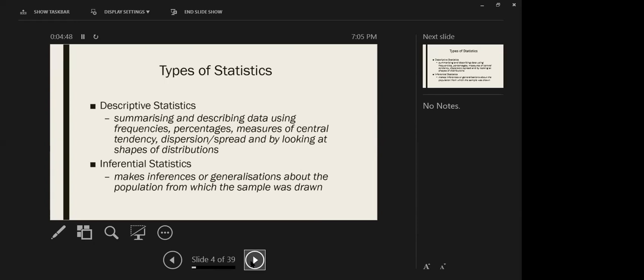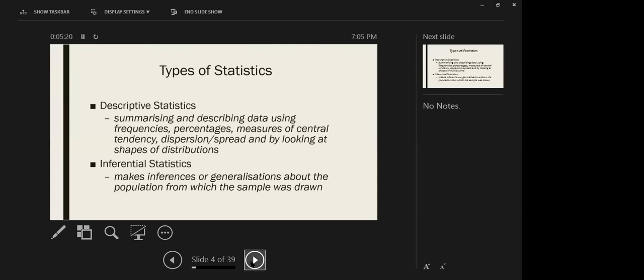Unit 1 actually starts with describing the difference between discrete data and continuous data, and then it doesn't go deep into this stuff. But like I said, this is an introductory lecture, right? Some of those units are going to delve in deeper as we go along. So types of statistics. Now, there's what we call descriptive statistics.